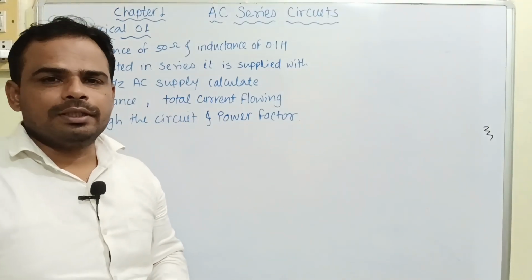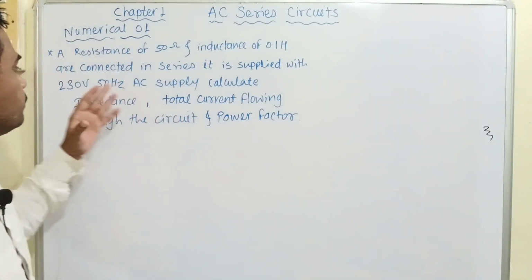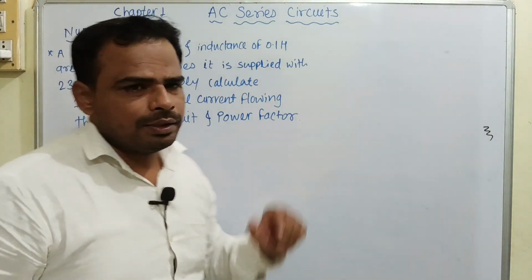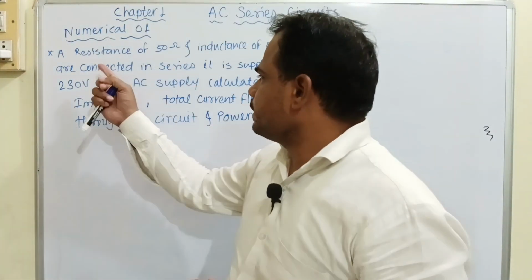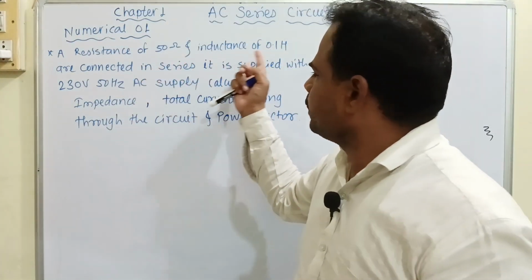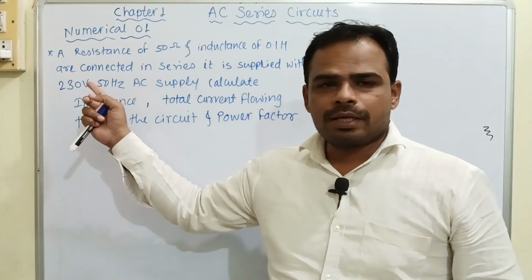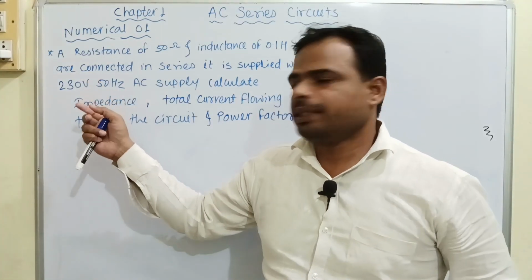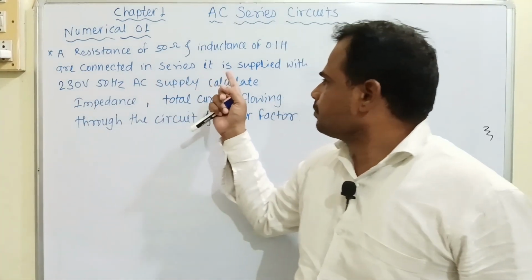Let us see the first numerical. In this numerical, a resistance of 50 ohm and inductance of 0.1 Henry are given, and they are connected in series.